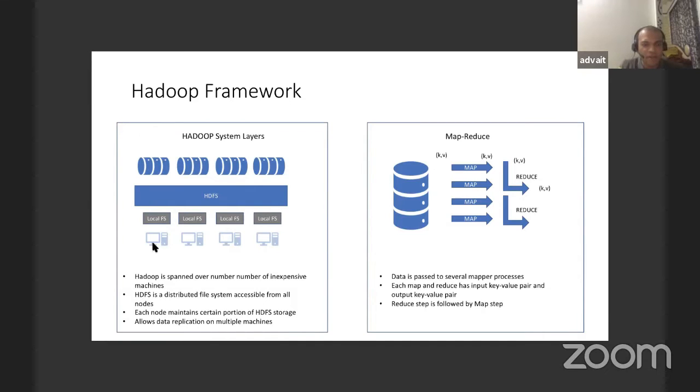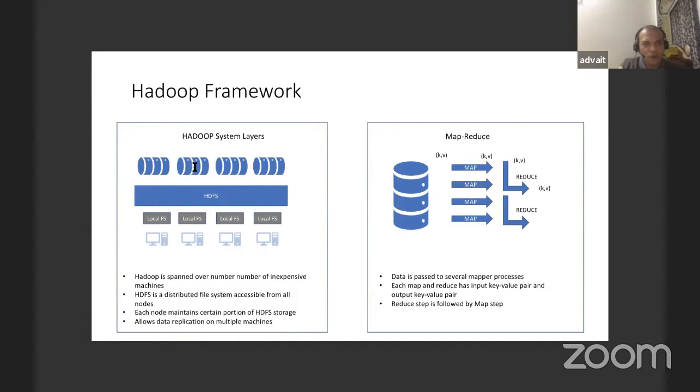But if you combine them together, you can build your Hadoop cluster. Each of them has its own local file system. On top of it lies HDFS, the Hadoop file system. It's a distributed file system, and on top of HDFS, you can store your data.